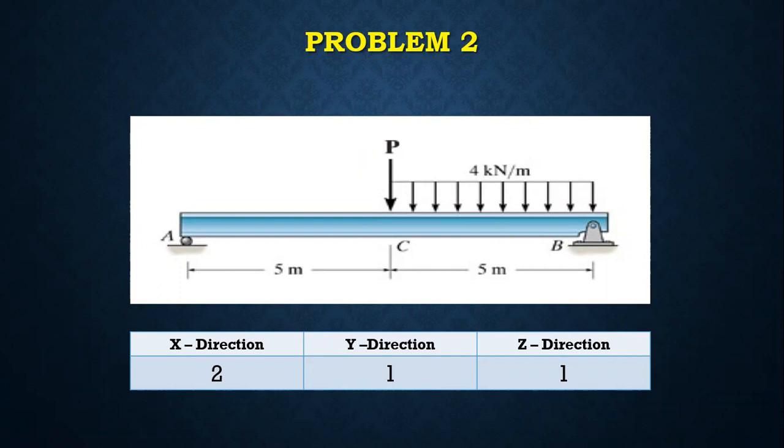So no physical objects are present in y direction and z direction. Z is 1 because we are at 0 level, and here the spacing is 10 meter. Total span of the beam is 10 meter and this is 1, and default it is 1. Software doesn't accept the 0.